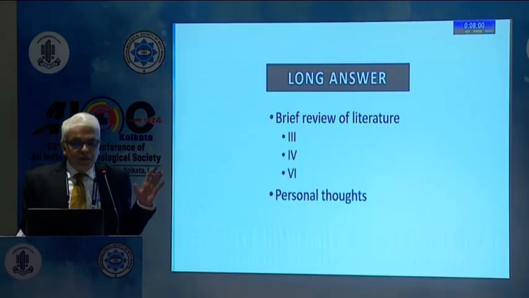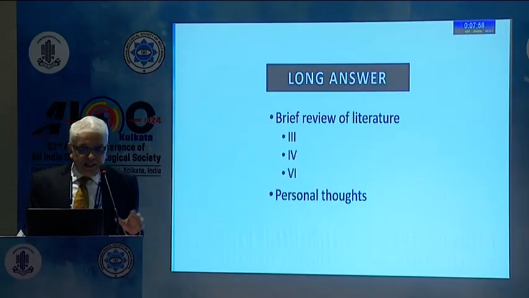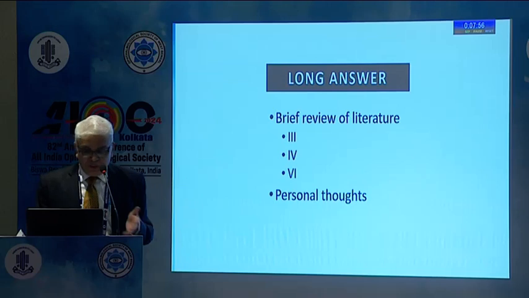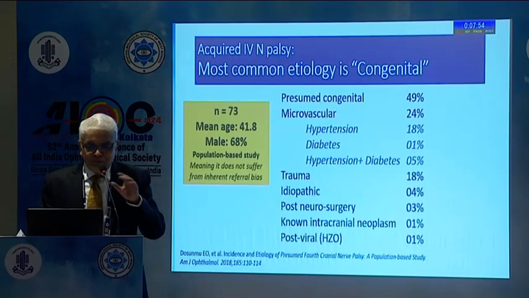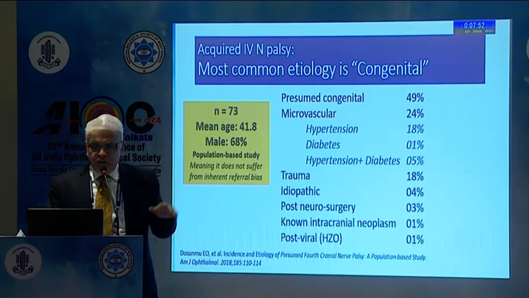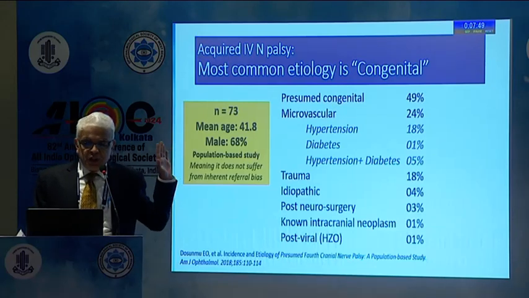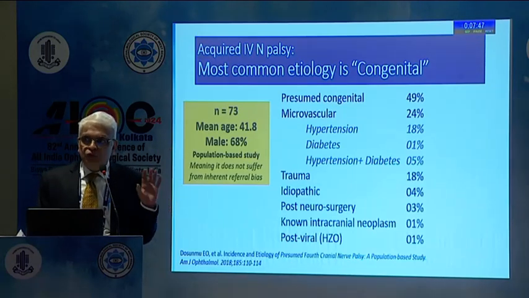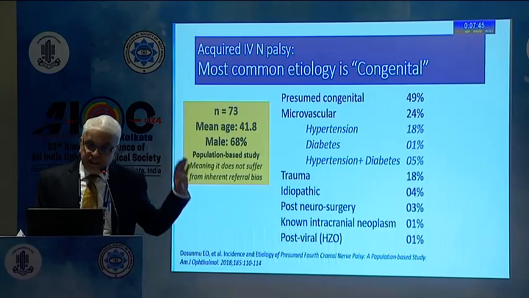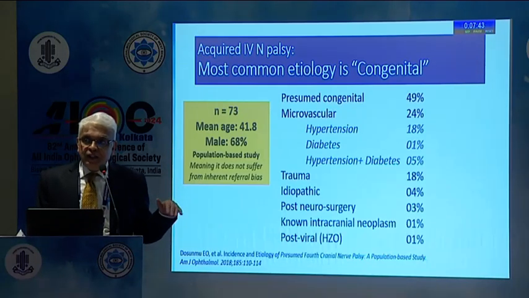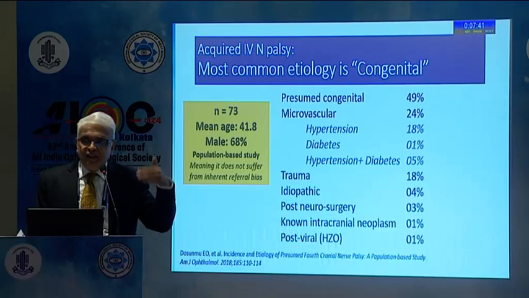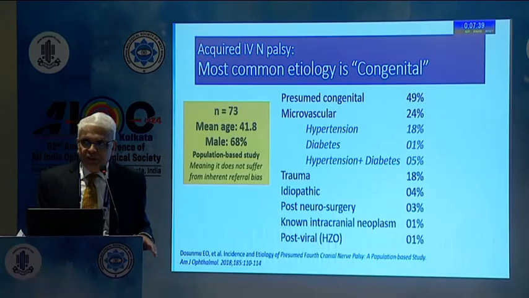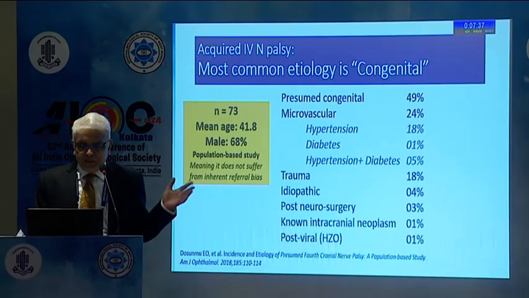Okay? So, my long answer is going to cover quickly 3, 4, and 6 and some personal thoughts along the way. So let me start with the fourth cranial nerve. The most common etiology of fourth nerve palsy is congenital. Congenital may be present since birth, or may present at the age of 40 when the fusional reserve breaks down, but that's the most common.